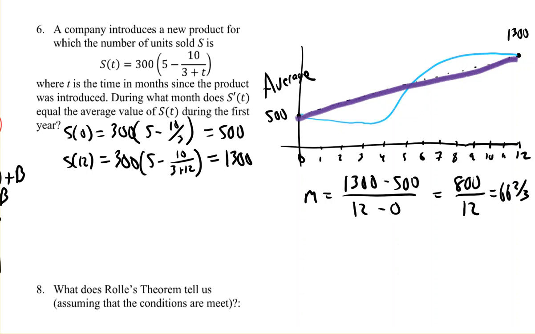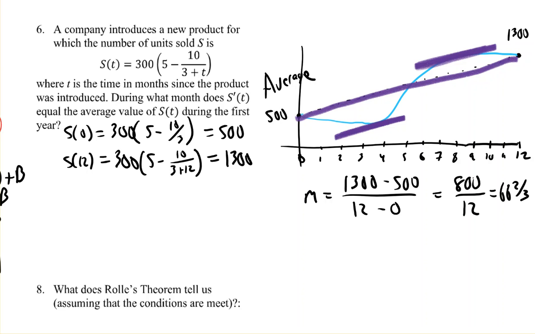There has to be at least one time that it has the exact same slope. It could actually be multiple times, depending on what the function actually looks like. But that's it. The overall slope has to occur at least once if that function is continuous on the closed interval and differentiable on the open interval. It's not randomly jumping around.